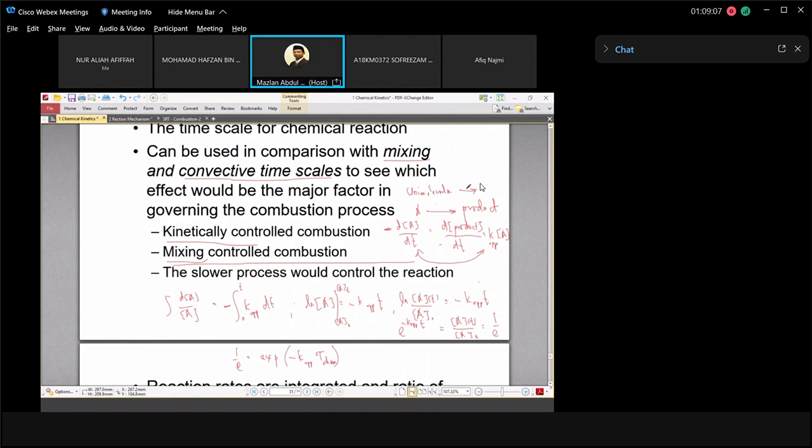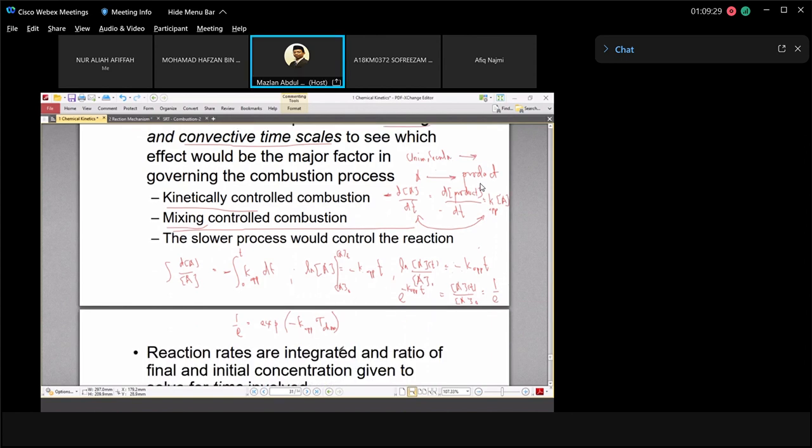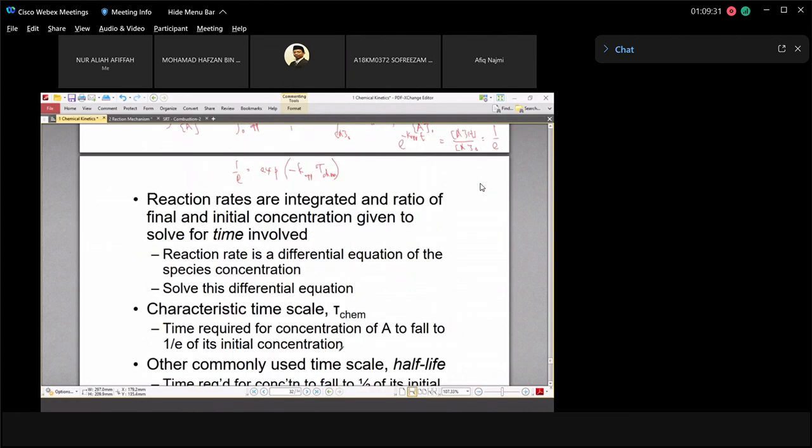For bimolecular reaction, we can also solve the same way.